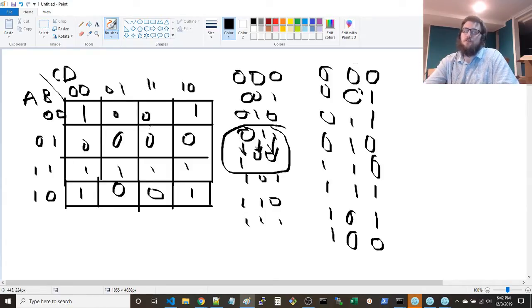So what those refer to, I believe, are groups of things that are ANDed, and the groups are then ORed, or vice versa. They're groups of things that are ORed with each other, and then they are ANDed afterwards.